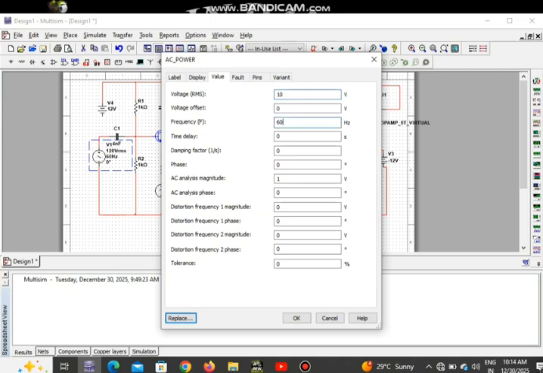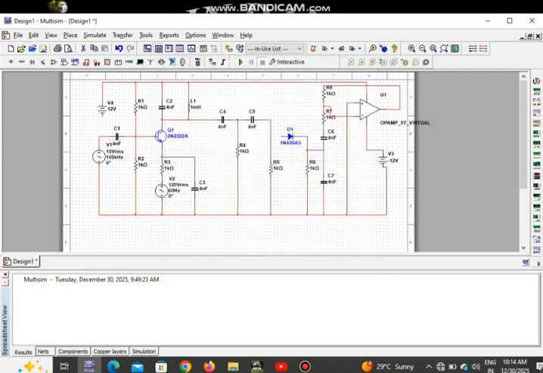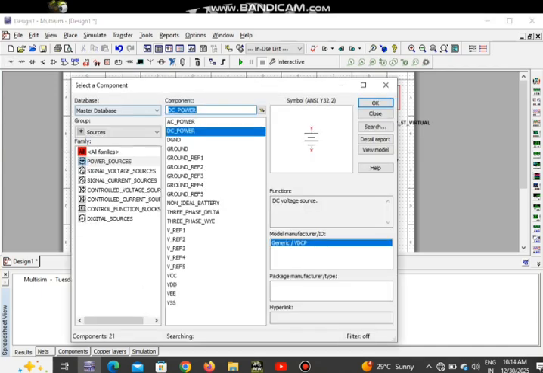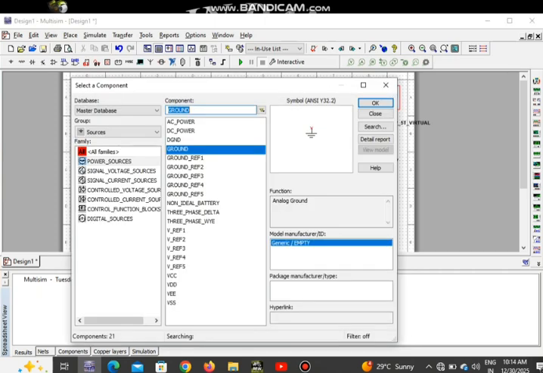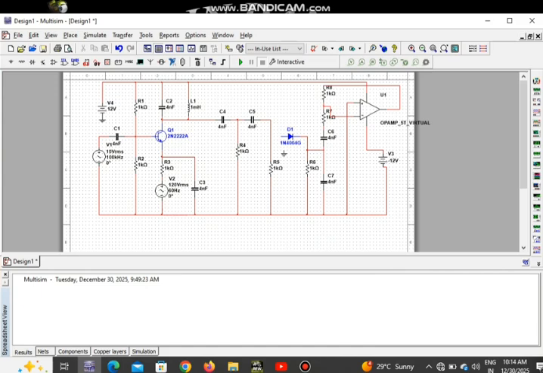Voltage source 1 is 10 volts, 100 kilohertz. Ground, and ground to AC power, the circuit ground.